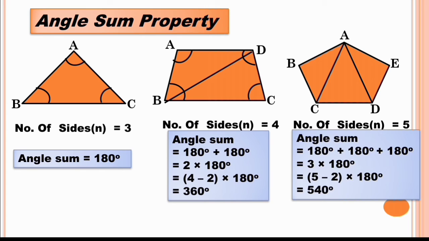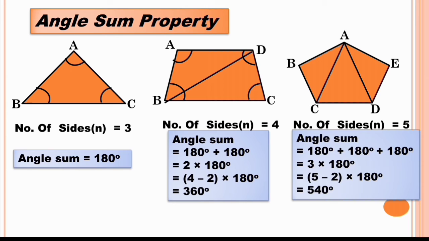Then this can be written as 3 into 180 degrees, and this 3 can be written as 5 minus 2 into 180 degrees, which is equal to 540 degrees. It means in a pentagon the sum of all angles is 540 degrees.